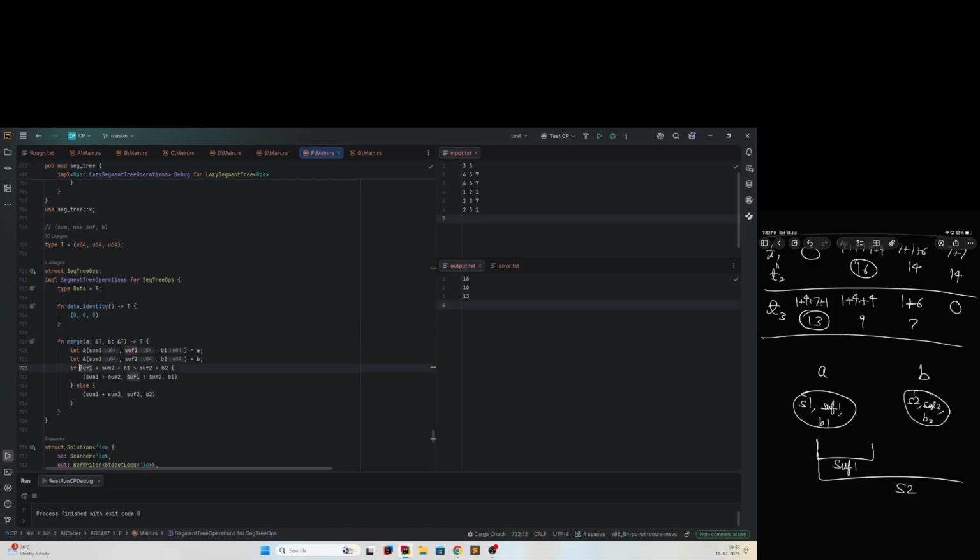So suffix 1 plus sum 2 plus B1, if that is greater than suffix 2 plus B2, and this is the right portion, the largest suffix 2 we get. If so, this is the suffix sum if we consider the left part, and this is the suffix sum we get from the right part, suffix sum plus b, and accordingly we choose the values for which maximum suffix to take and which b to take as well.